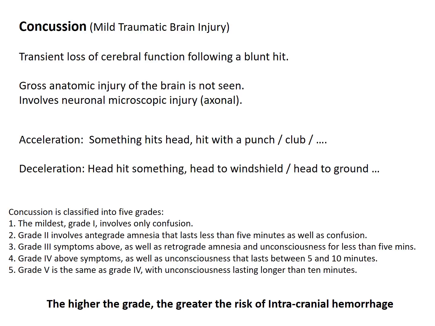So if you see gross anatomic injury of the brain, particularly bleeding, then you've got intracerebral hemorrhage. An individual who has blunt trauma, who has transient loss of cerebral function, change in mental status, inability to recall memory, has suffered a concussion, and that concussion is usually due to microscopic neural injury which occurs at axons.